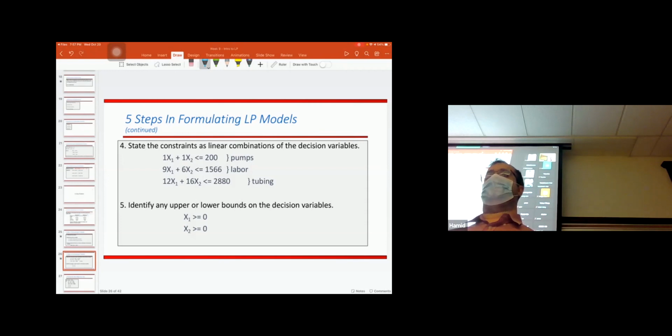So based on your decision, you shouldn't consume more than the available hours of labor. And same for tubing. The first one takes 12 feet of tubing, the second one, 16. Those coefficients of 12 and 16 come from how much it would take if you just make one of it.